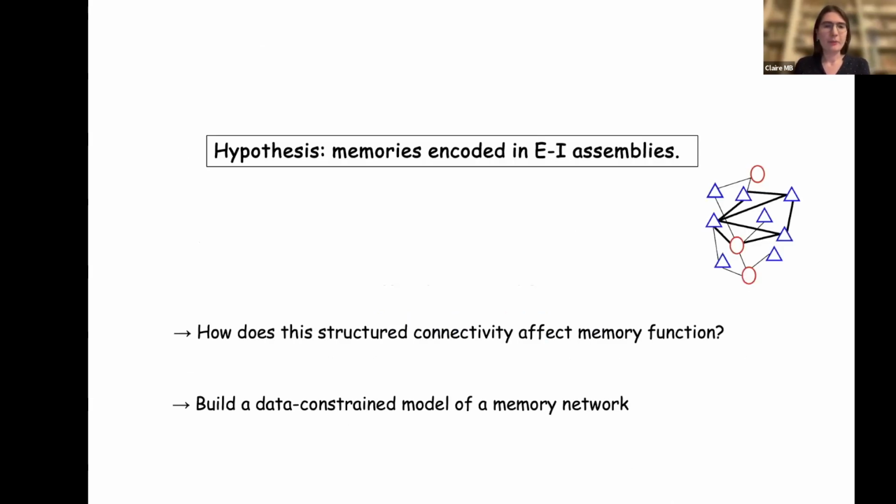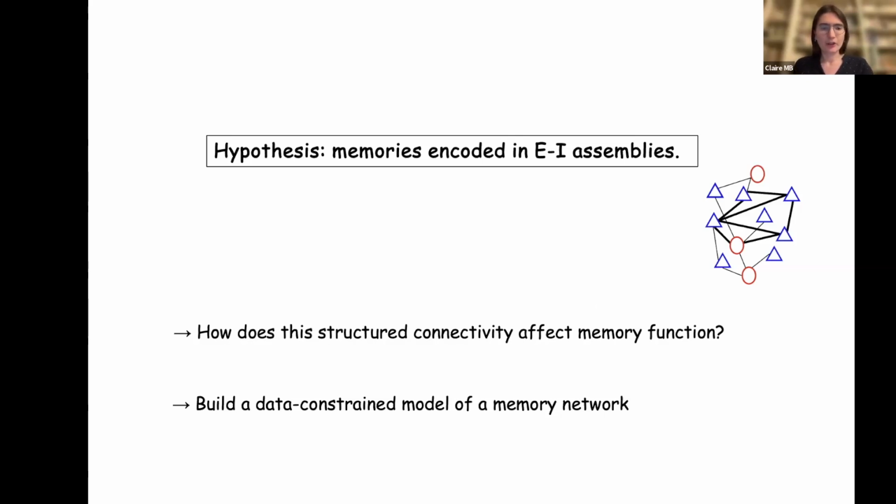So this is why we make the hypothesis that memories are encoded not in excitatory assemblies, but in excitatory-inhibitory assemblies, which we will define here as groups of both excitatory and inhibitory neurons, which become highly connected after learning. The broad question we are interested in is, how does this structured connectivity affect memory function?